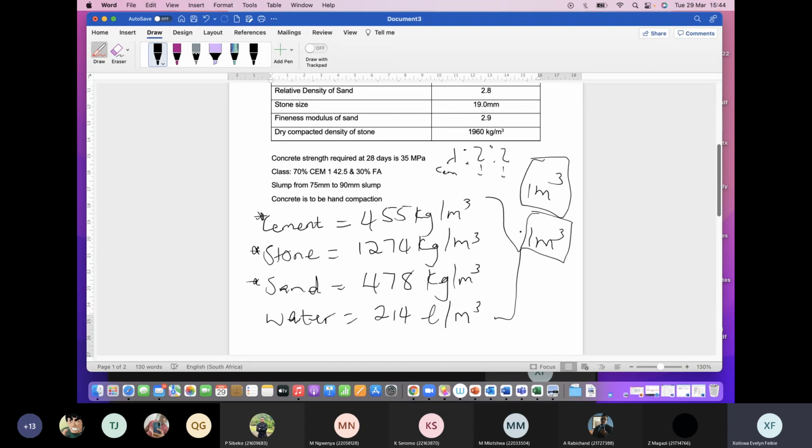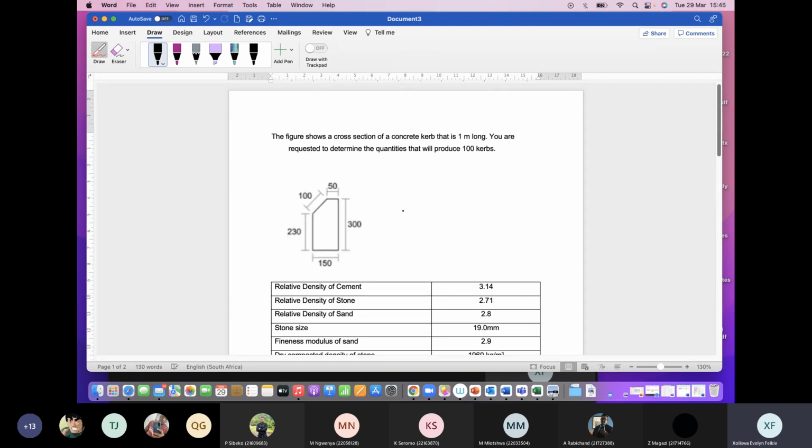In our case, we are not producing 1 cubic meter of concrete. Rather, we have concrete here that is given that we need to produce. The cabs are small, and the values that you get here are in millimeters.